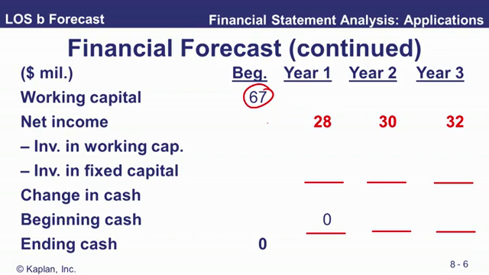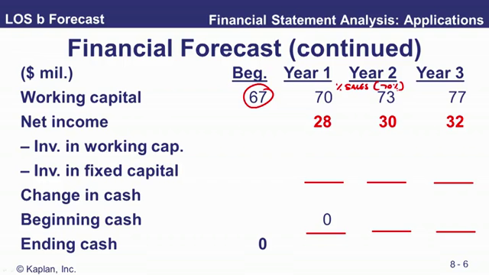Given our opening working capital was 67 million, working capital needs to increase by 3 million to get to the 70 million. There's our working capital projections, again just as a percentage of sales. Remember, our assumption here is 70%, so I've just taken 70% of the figures.